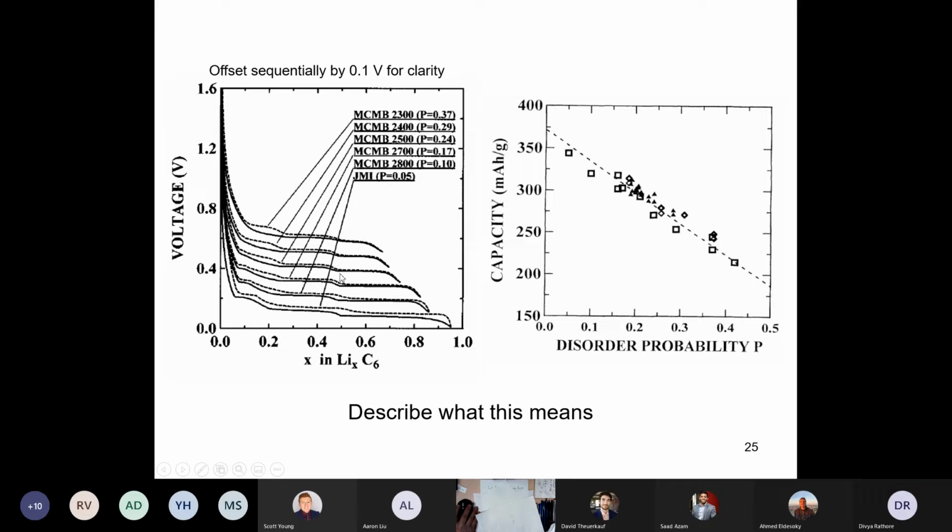This bump remains in almost exactly the same position. It's the length of the stage 2 to stage 1 plateau that shrinks. Okay? So that's really curious. And this is why, when we look at voltage curves, you can learn things.